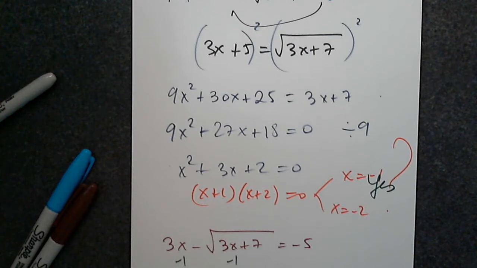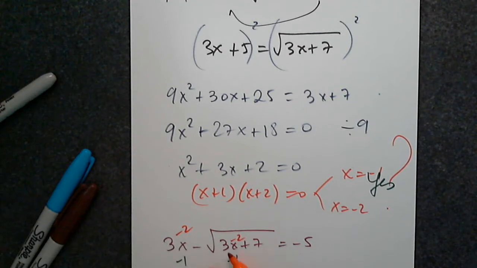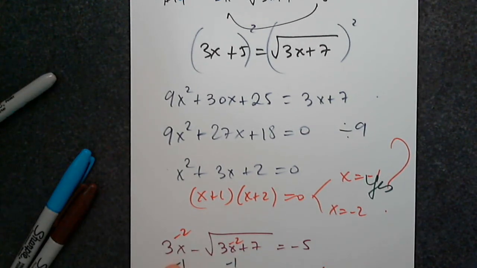Now I'm going to check -2. So 3 times -2 is -6 plus 7 is 1. So this is -6 minus 1. Does this equal -5? If you say yes, I'll say yes. If you say no, I'll say not acceptable. Is this true?